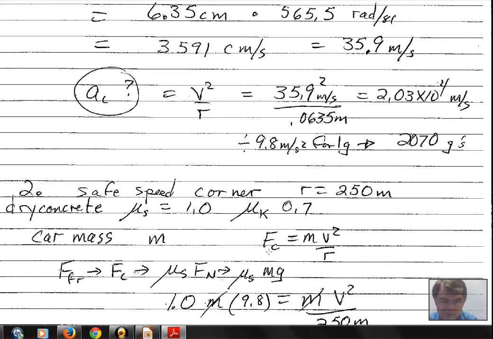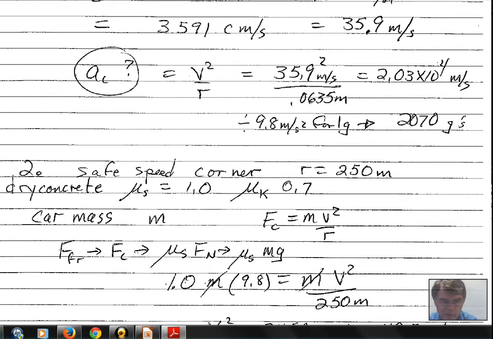So this F sub c then is our calculation of mu sub s times m times g. And we have the coefficient of friction, 1, times the mass of the car, times 9.8. Again, m and 9.8 give us the normal force. Now here is our expression for the centripetal force, mass of the car, velocity squared divided by the radius of our circle. Notice that the mass cancels off.